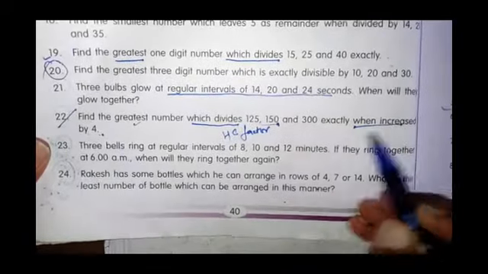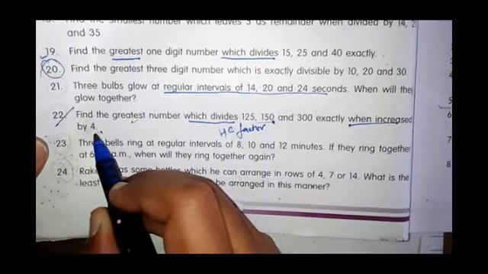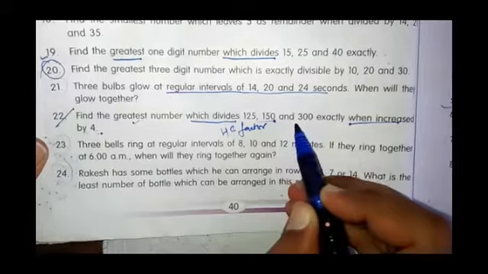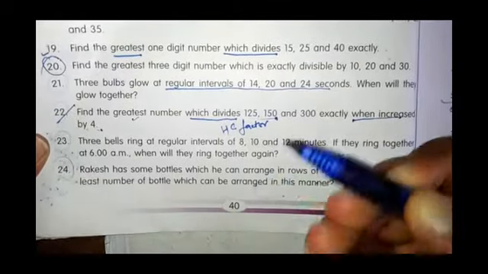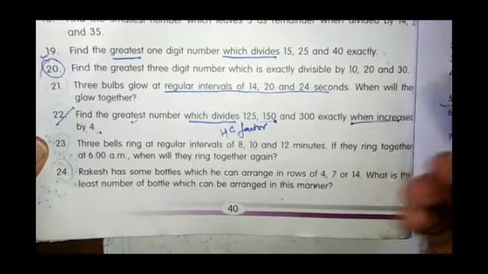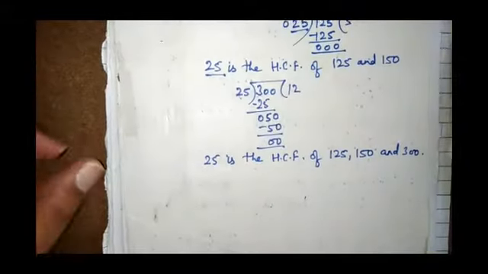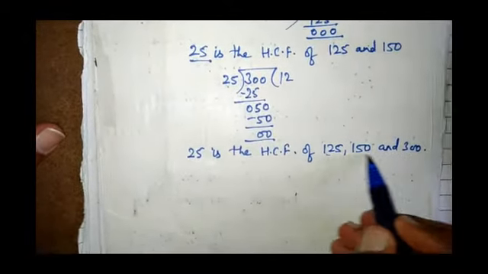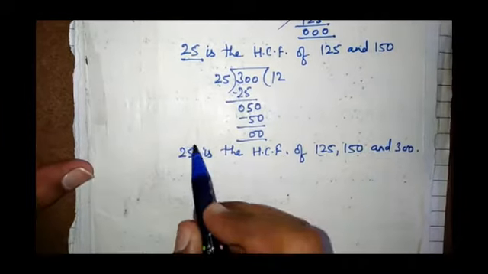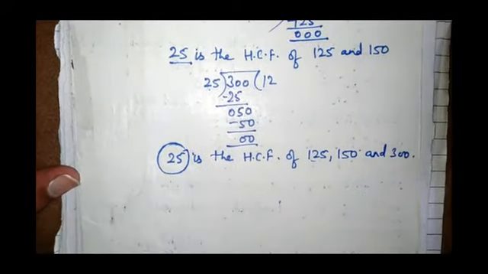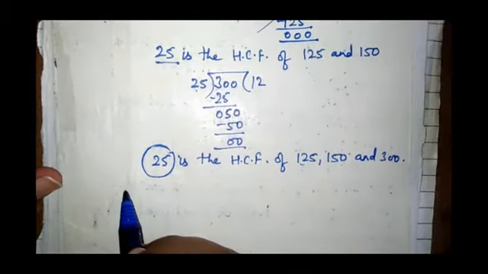But the question is saying, when increased by 4, the condition is it will divide these three numbers exactly when we increase it by 4. This means 25 is exactly dividing these three numbers. This means it has been increased by 4. Already it has been increased by 4.